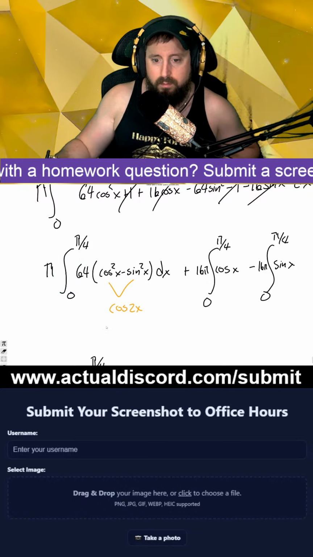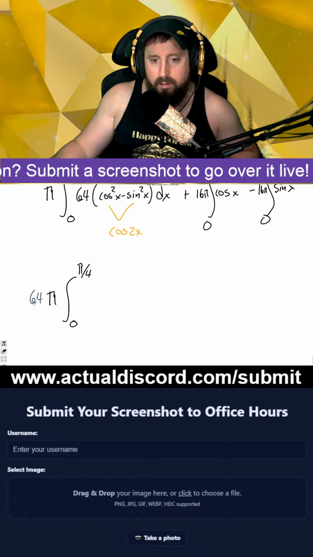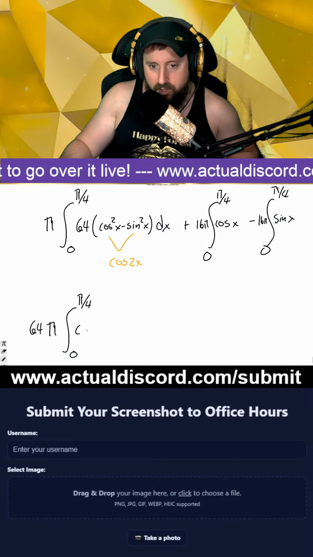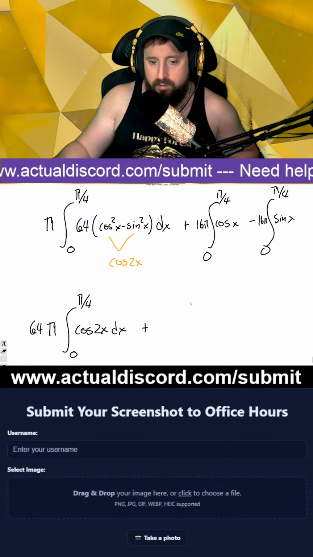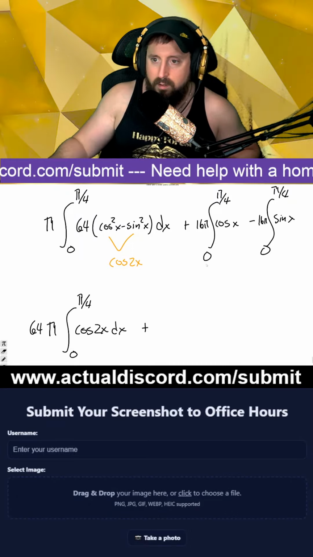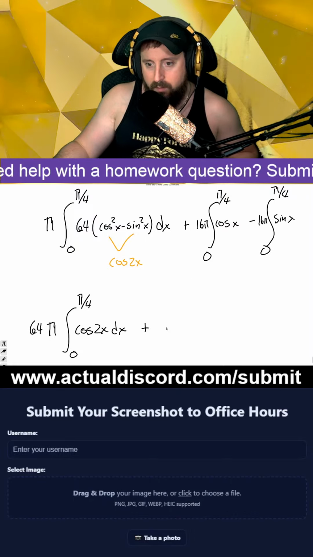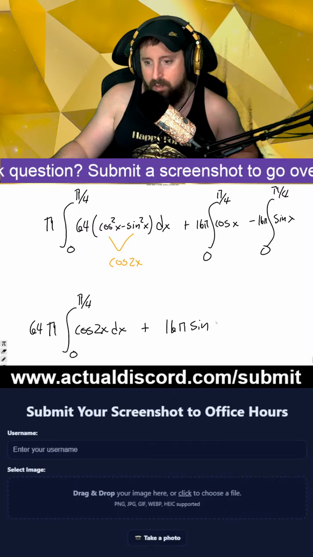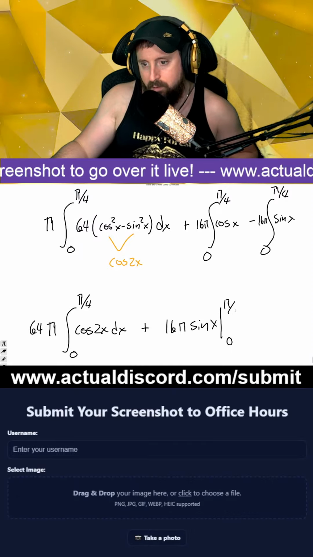Okay. So we have this. Let's pull the 64 out. And that's going to be cosine of 2x dx plus... I can just do this right off the rip. The integral of cosine is sine, so we're going to have 16 pi times sine of x evaluated from 0 to pi over 4.